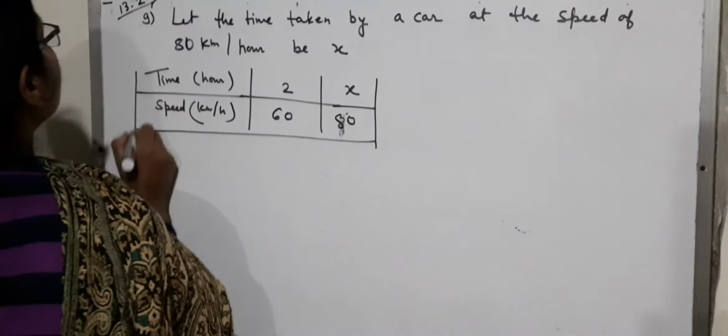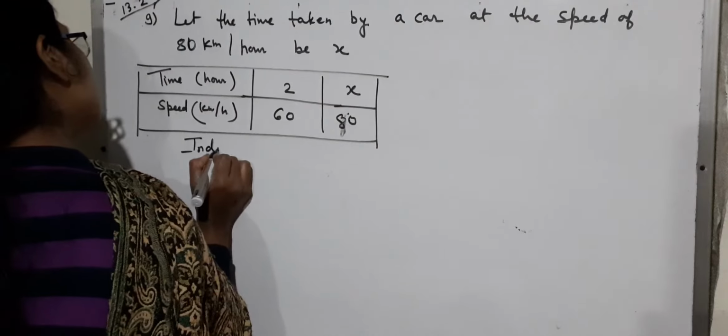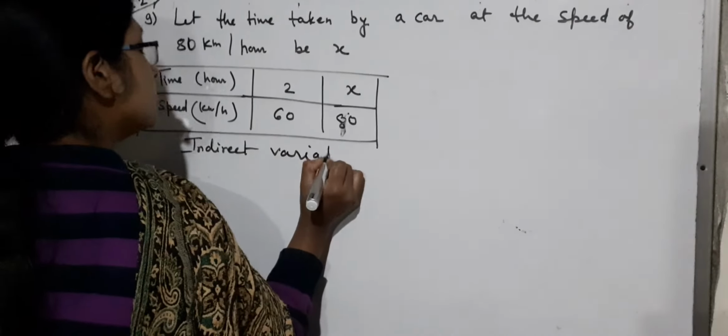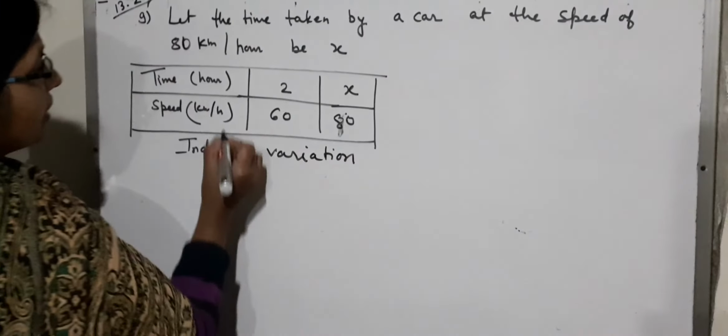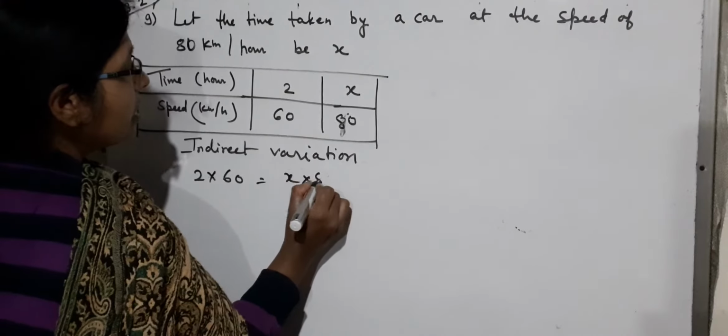This is indirect variation, or inverse variation, then 2 into 60 is equal to x into 80.